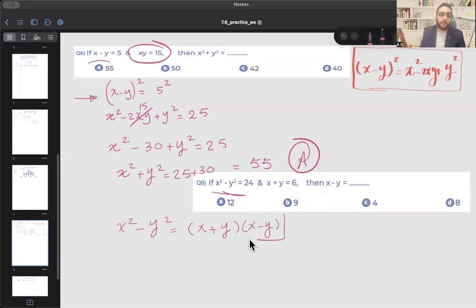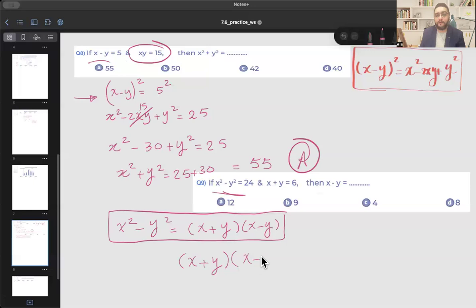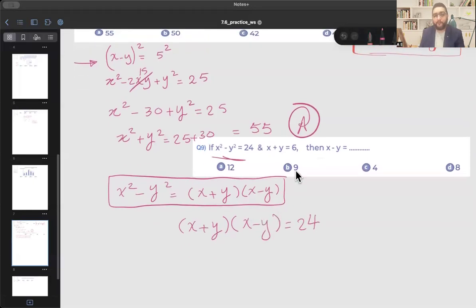This is the formula or the rule of the difference between two squares. So if we have x squared minus y squared equals 24, this is x plus y times x minus y equals 24. And we have the information that x plus y equals 6. So replace this one with 6.